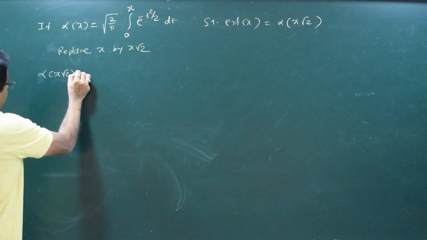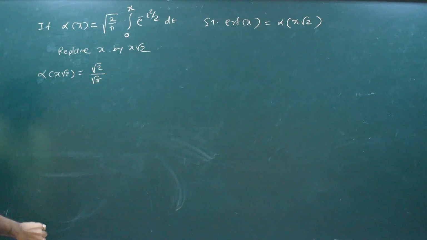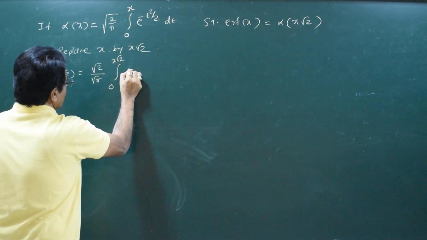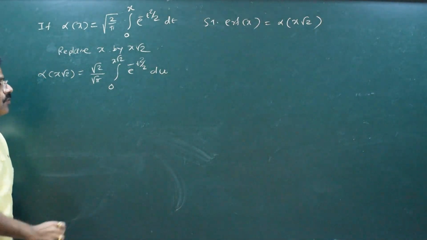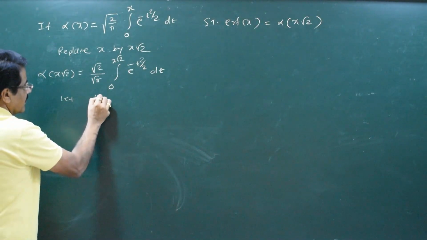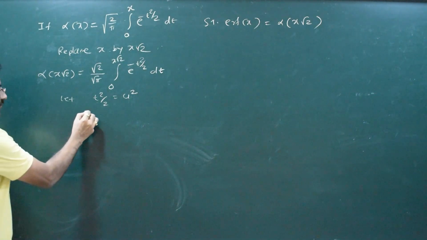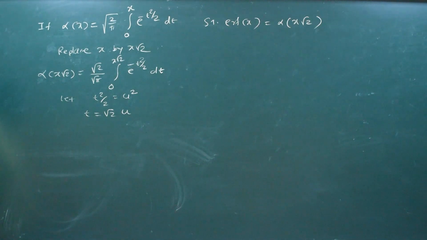So alpha of x root 2 is equal to, better to write down, root 2 upon root pi integration 0 to x root 2 e raised to minus t square upon 2 into dt as it is. And now we have to substitute, let t square upon 2 is equal to u square, and therefore we get t is equal to root 2 into u.